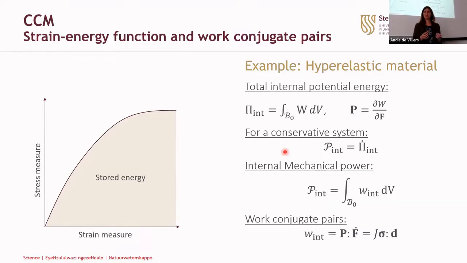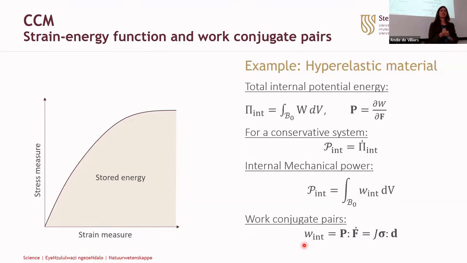as a result of these interaction forces is equal to the rate of the internal energy. And we can also write it in integral form. So where this is the rate of the internal work done per volume. And now I get to the real point of the slide.